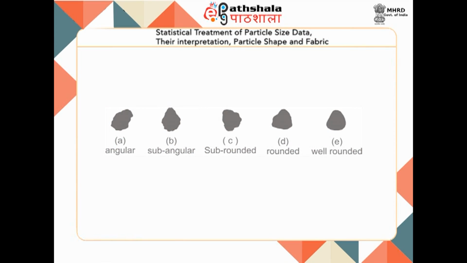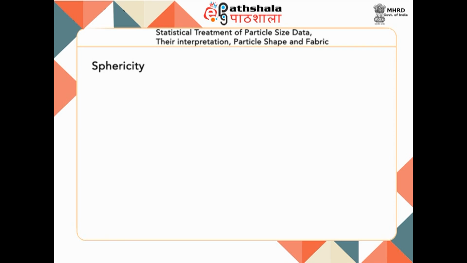Now, we come to the sphericity. This is an expression for the degree of deviation of the shape of a grain from an ideal spherical form. The parameter is defined as the ratio between the diameter of a circumscribed circle around the grain and the diameter of a sphere which has the same volume as the grain, that is the nominal diameter.